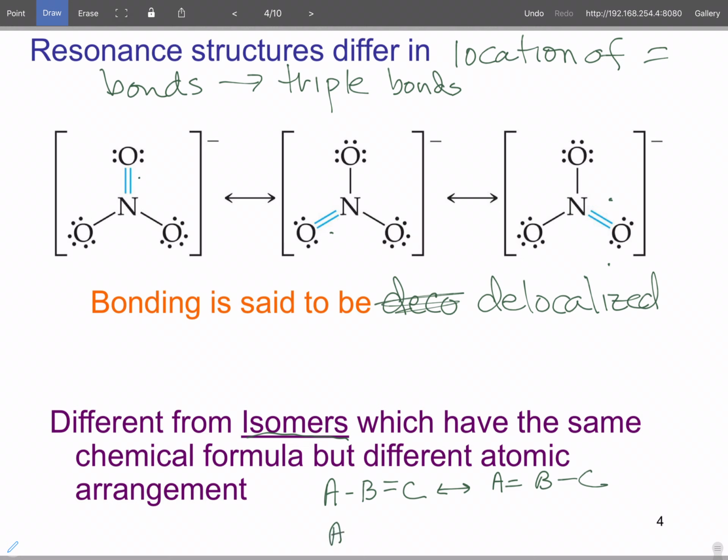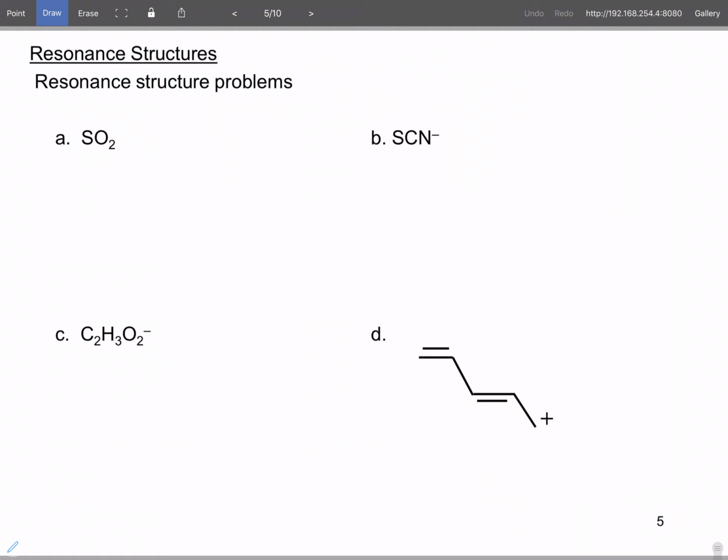But if you have A, C, B, that's an isomer. In no way, shape, or form are these equivalent. They're not equal because the atomic arrangements are different. If you have different atomic arrangements, you do not have a resonance structure.